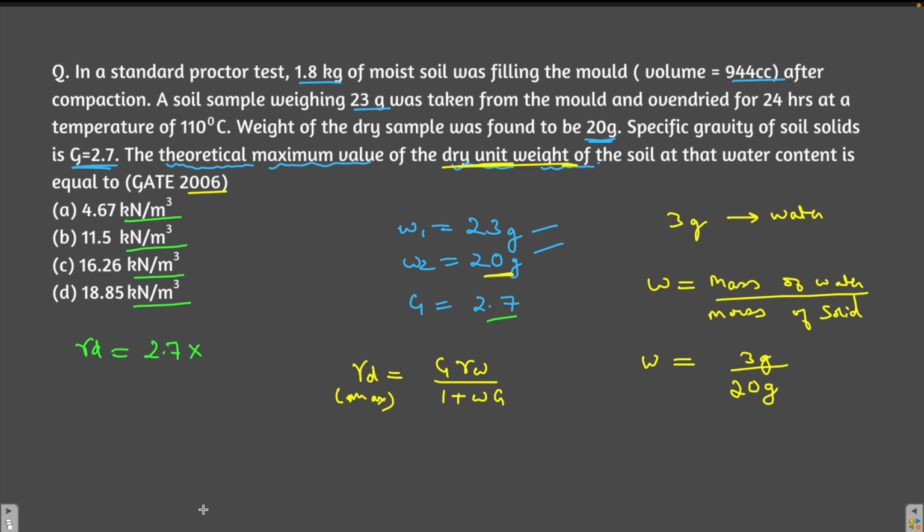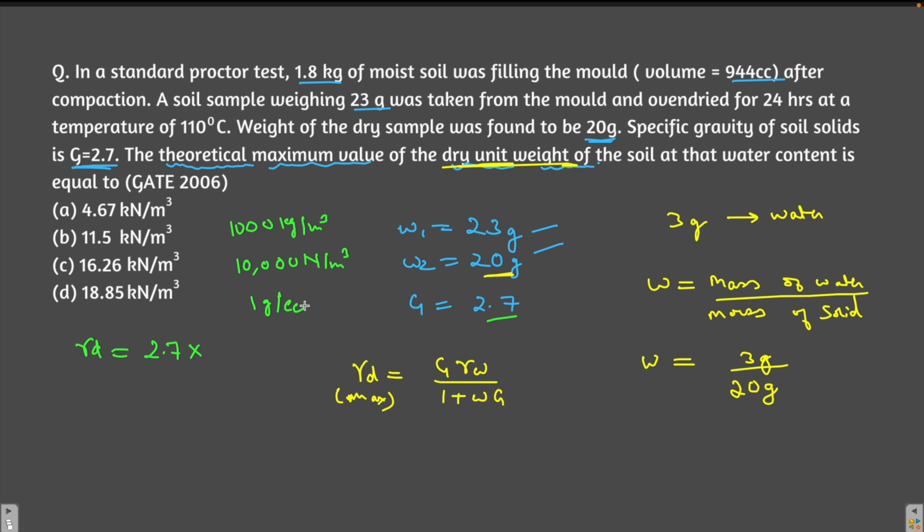What is the value of gamma w? Gamma w means unit weight of water. What unit weight of water will you take? Will you take it as 1000 kg per meter cube? Will you take it as 10,000 Newton per meter cube? Or will you take it as 1 gram per cc, 1 gram per centimeter cube?